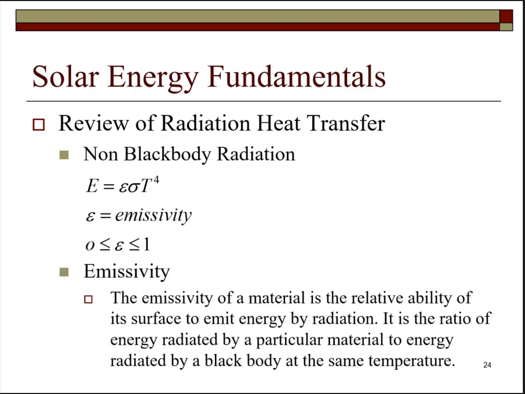The emissivity of a material is the relative ability of a surface to emit energy by radiation. It is a ratio of the energy emitted by a particular surface relative to a black body. All bodies emit radiation by virtue of their temperature. However, not all surfaces emit radiation exactly the same.